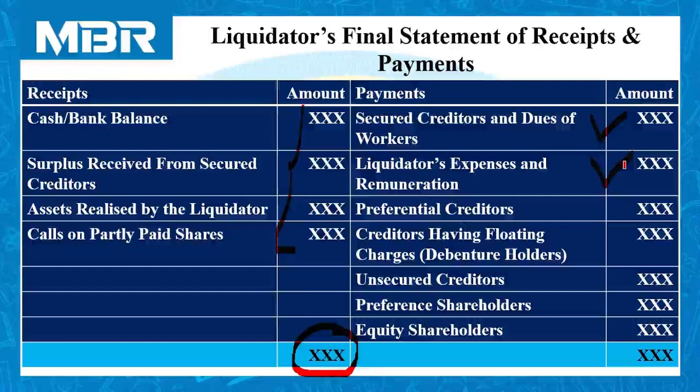The liquidator is also entitled to get remuneration for his or her services to the company as a liquidator, and that is why this is also payable at the second stage. Calculation of the liquidator's remuneration always plays an important role in this chapter. At the third stage, we will be paying the amount to preferential creditors.